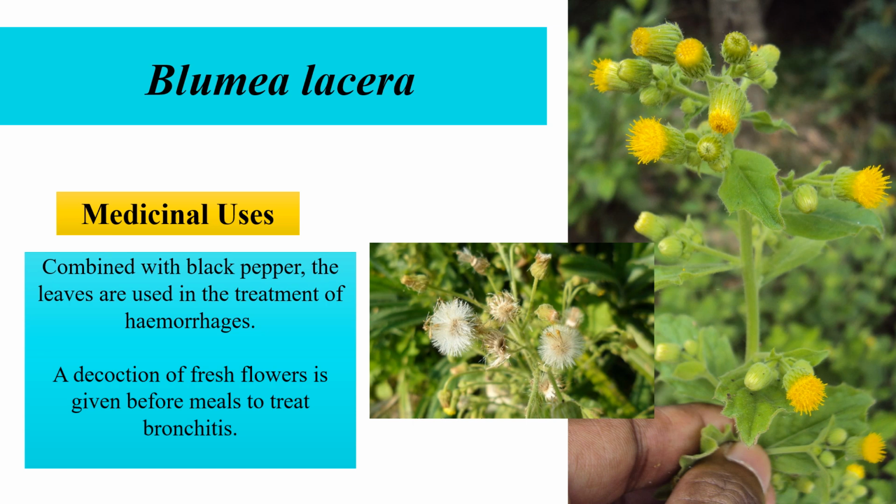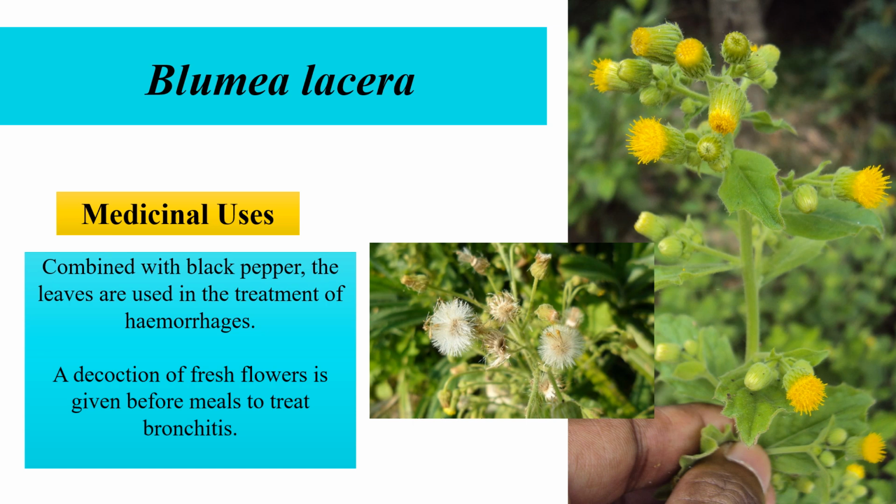You can observe the disc florets in the flowers, and in the next stage after maturation the flower turns white in color, and this is the way of pollination, that in the wind the florets are easily dispersed, so the pollination becomes very easy.